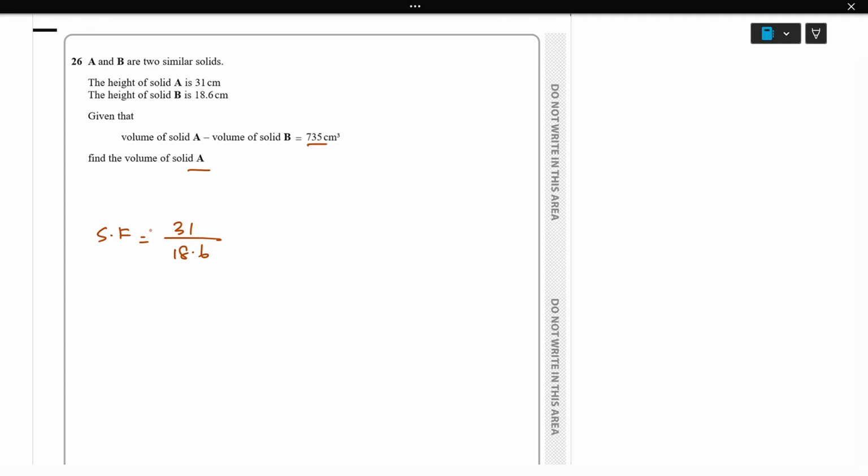Okay. So next, which one is big? Solid A is the bigger one. So I'll take the volume of B as X. So the volume of A is going to be, as it is greater, volume of B times the scale factor cube, since this is a volume.